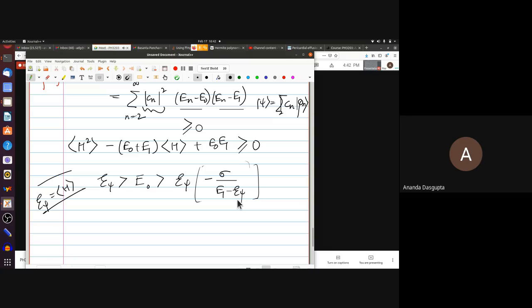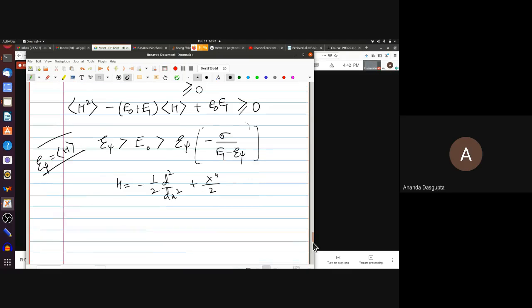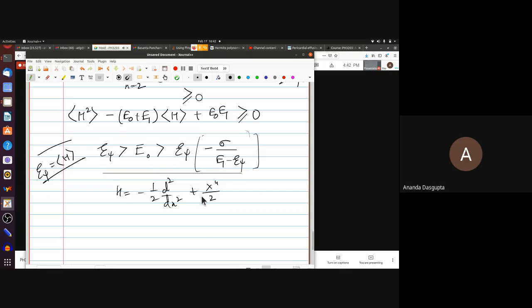Now, for the problem that we talked about in the class, the Hamiltonian was minus half d2 dx2 plus x to the 4 by 2. So not the harmonic oscillator potential, but an anharmonic oscillator because of the x to the 4 term, and something which you cannot exactly solve.